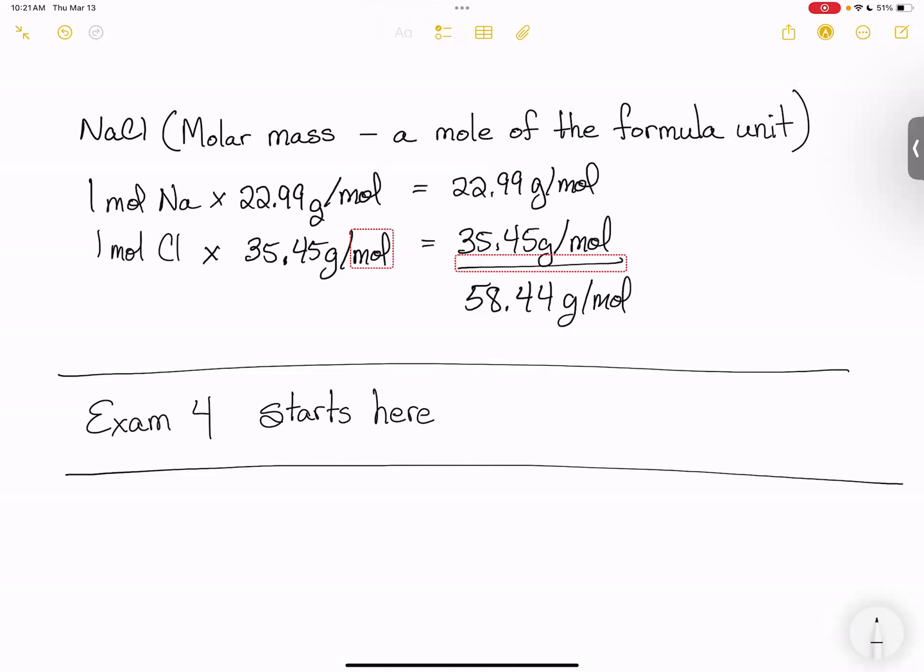So now we get to write sentences, or chemical reactions.